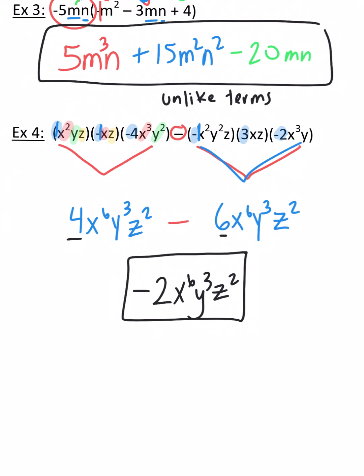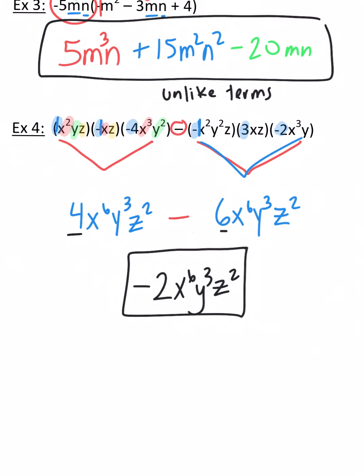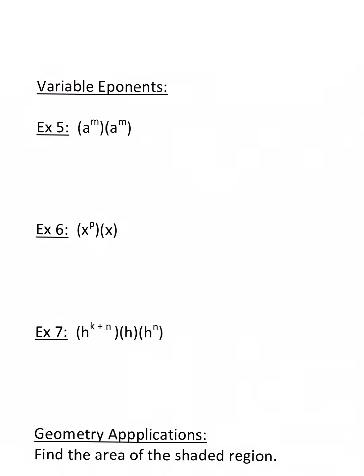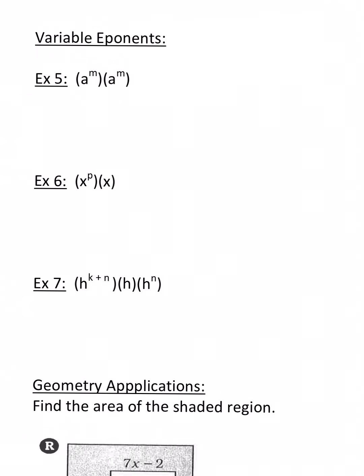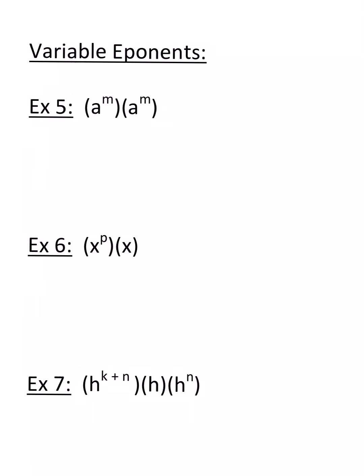Okay, so now looking at example 5, we're going to look at how these apply to variables with exponents with variables. So if I have a to the m times a to the m, think about what you would do with exponents, and you would add exponents.